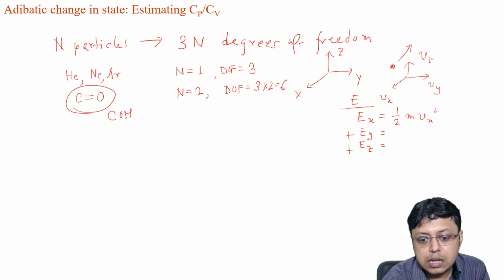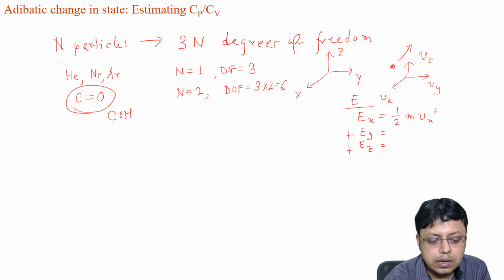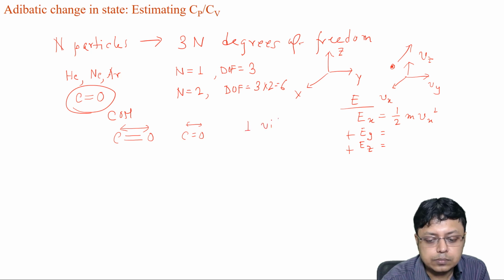Now what are the other 3 degrees of freedom? Carbon monoxide can also vibrate. It can stretch the bond and it can compress the bond. So this vibration is another degree of freedom. So we get 3 translation, 1 vibration, and this molecule can also rotate.